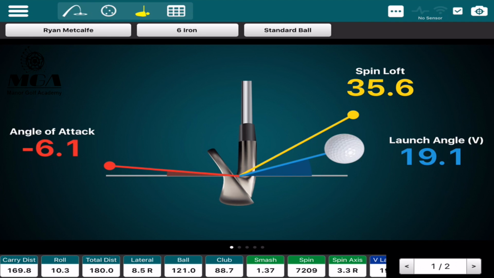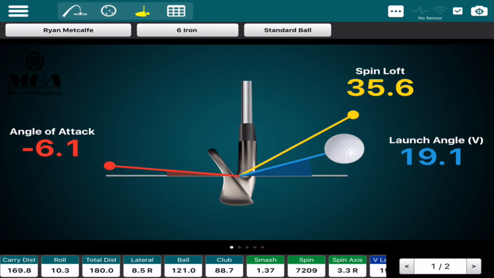If you add the dynamic loft and the angle of attack together, it will give you the spin loft. The angle of attack here is 6.1 degrees down, and the dynamic loft is around the 28, 29 degree mark, and that gives us a spin loft of 35.6. Launch angle on this shot was 19.1.